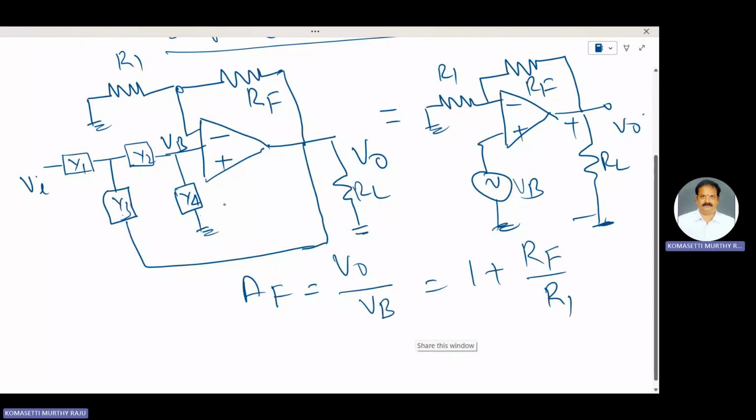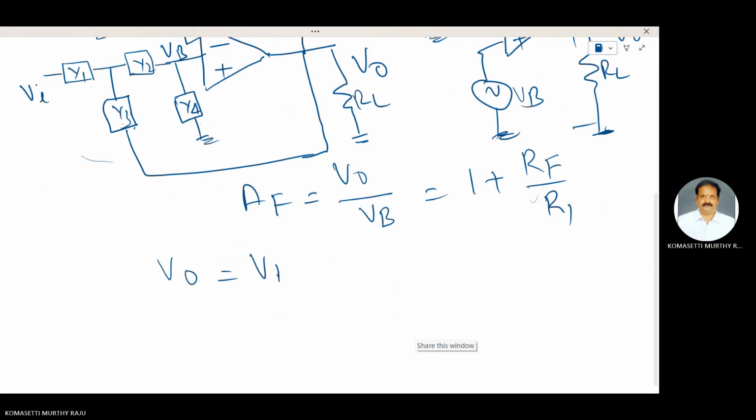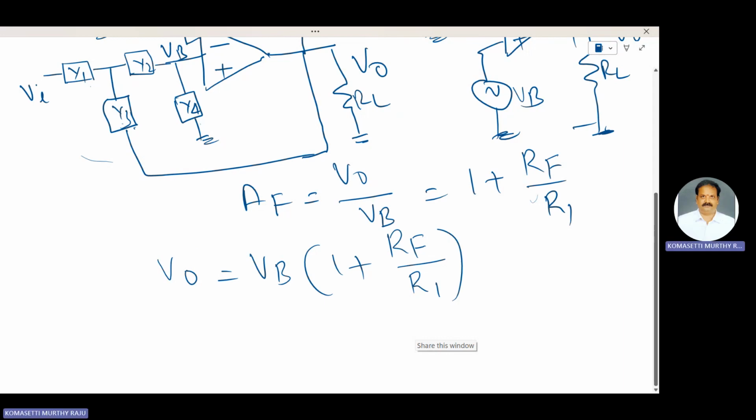VB means this entire network of Y1, Y2, Y3, Y4 is hidden; for simplicity we use VB. Therefore, V0 is equal to VB into 1 plus RF by R1.